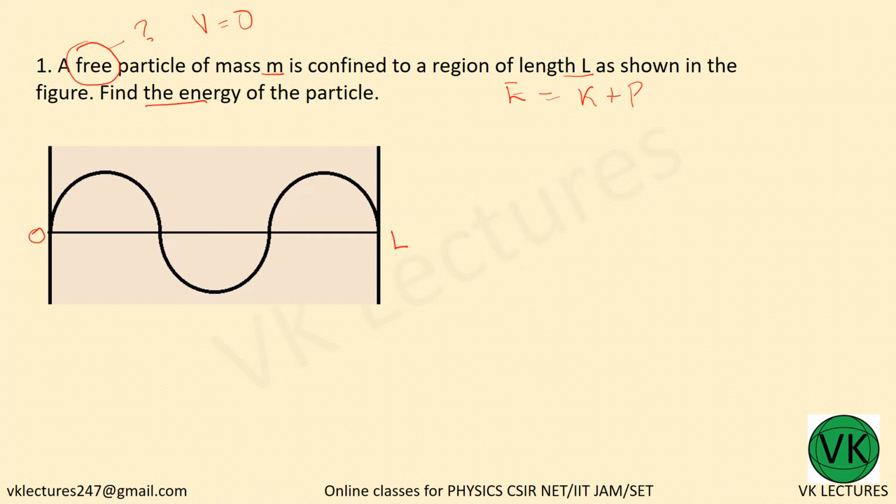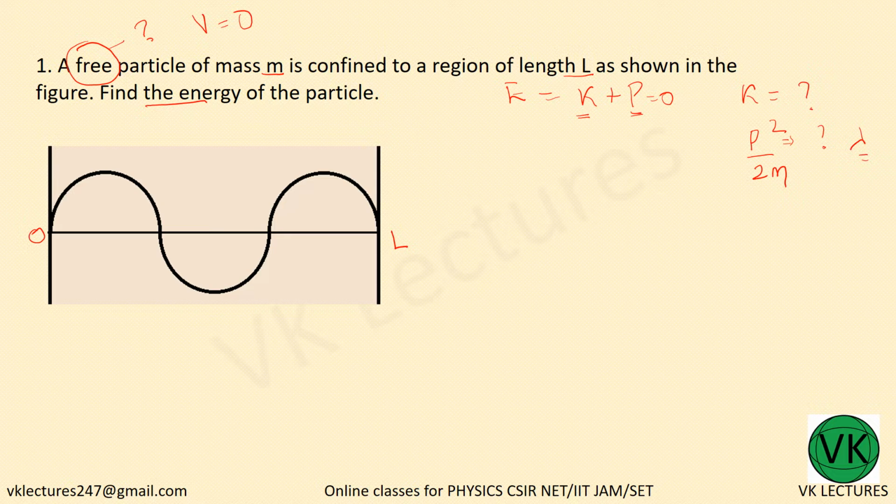Kinetic energy we have to find, potential energy is equal to 0. So total energy equals kinetic energy, which means p squared divided by 2m. So you need to find out what p squared is. It is enough to find lambda. If you find lambda, we can get the momentum p.